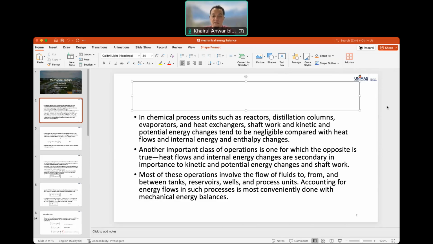Heat flow and internal energy changes are secondary and unimportant compared to kinetic and potential energy changes and shaft work. Most of these operations involve the flow of fluid to, from, and between tanks, reservoirs, wells, and process units. So accounting for energy in such processes is most conveniently done with the mechanical energy balance.